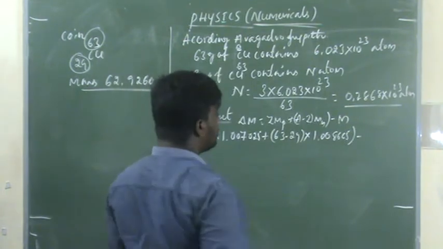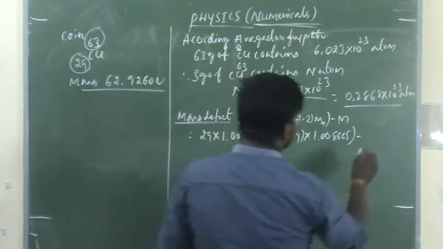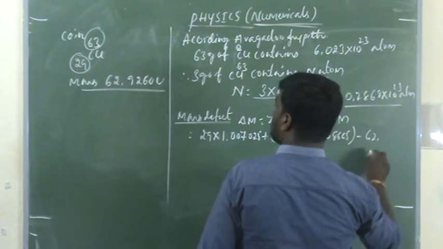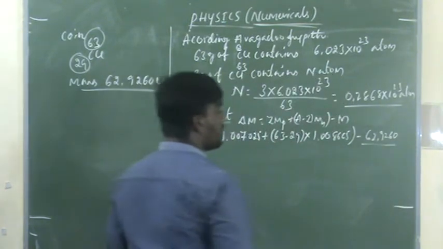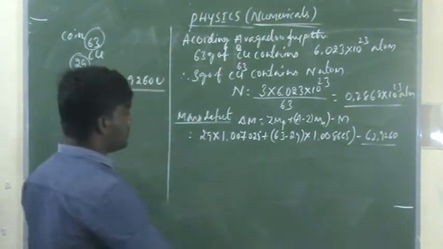The mass of copper is already given as 62.9260.